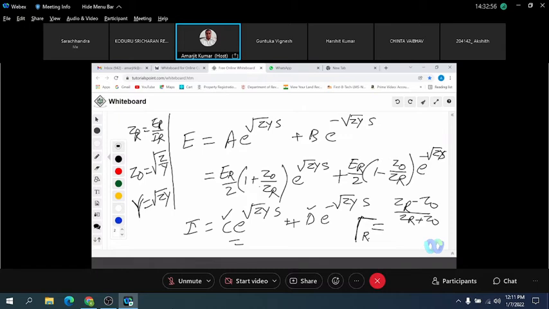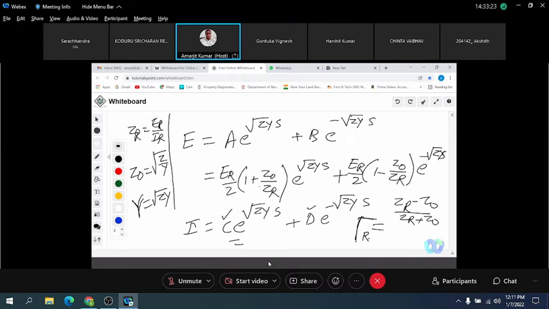Already we assumed that at S is equal to 0, the voltage is equal to ER and the current in the transmission line is IR.